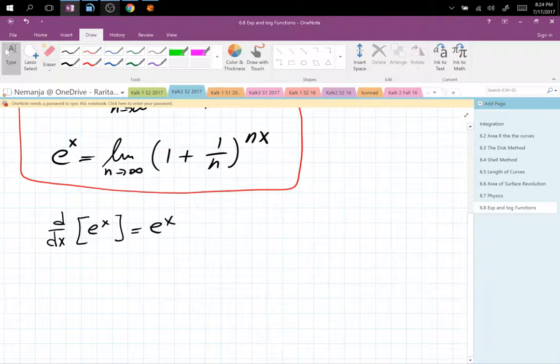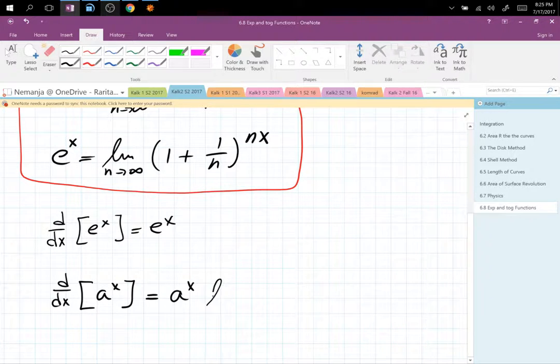But then you might say, well, e is not the only number that could be a base. We can have any number as a base. So we have that the derivative of a to the x, where a stands for any number, would be a to the x times ln a.